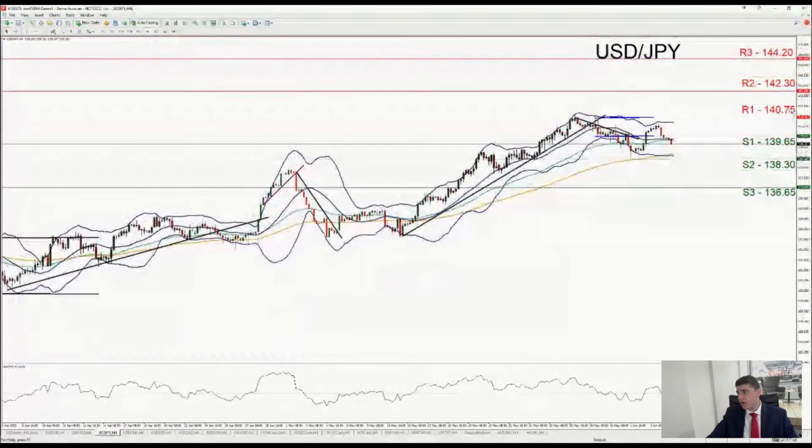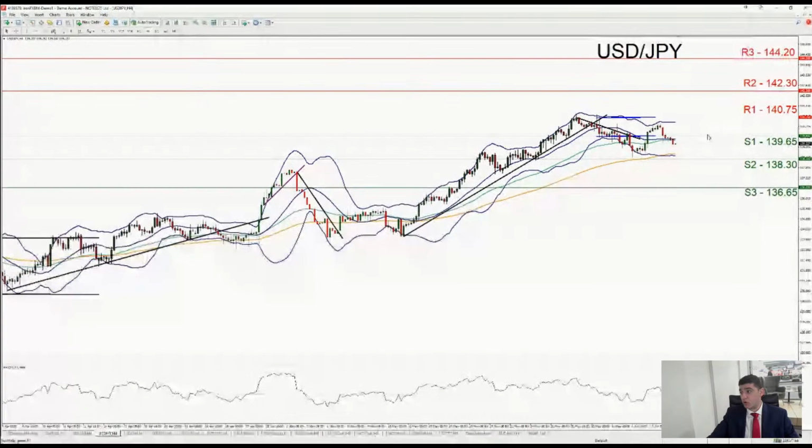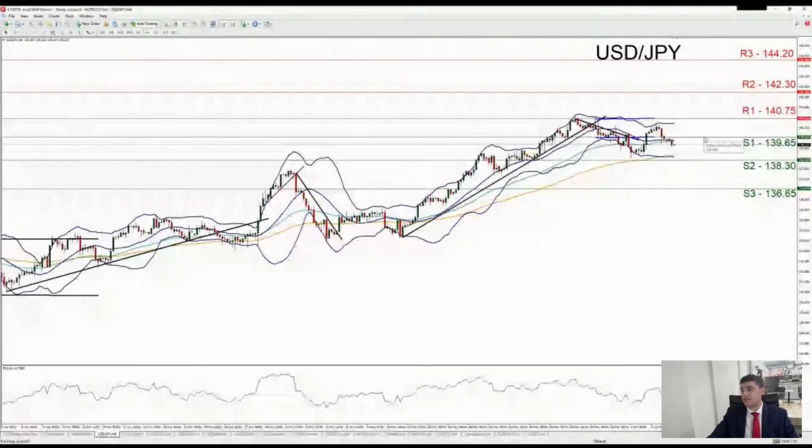Now, despite the BOJ governor's comments that the bank is not going to quickly move away from its ultra loose monetary policy, we have seen the yen strengthening on the anticipation that perhaps the government's report that was due to be released alongside the BOJ interest rate decision at the end of the month may hint at a, quote unquote, easing of the ultra loose monetary policy, perhaps moving towards a more restrictive stance, hence, perhaps in the extreme scenario, raising interest rates.